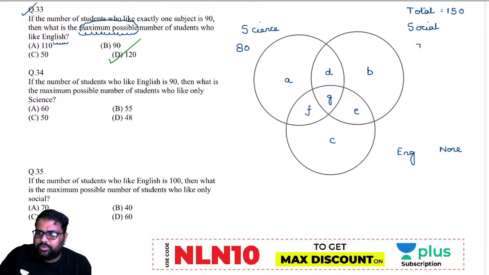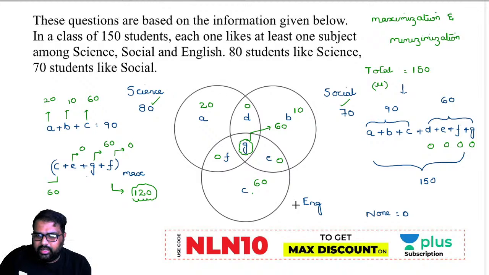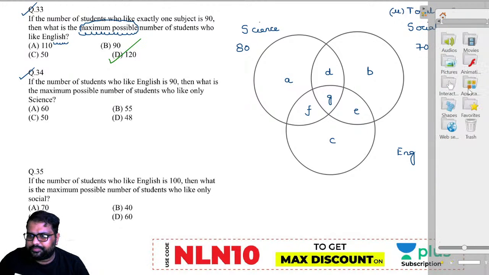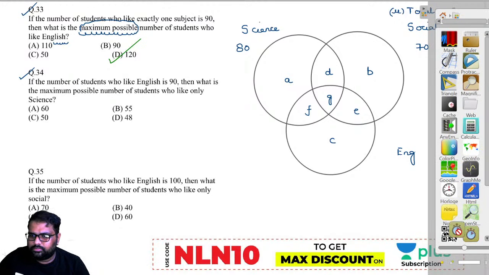And your social value is given as 70. Am I right or wrong? 80, 70, yes, all the things are correct. Mu is nothing but total. Now you have to answer my 34th question. So I will give you 2 minutes timer for this. Waiting for the answer.